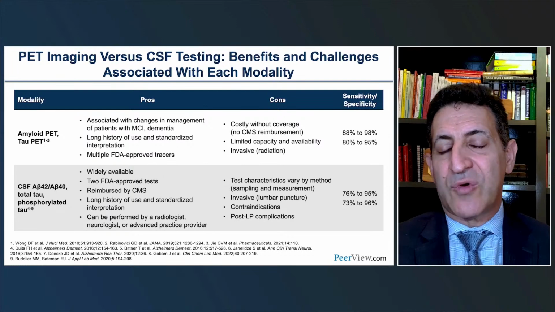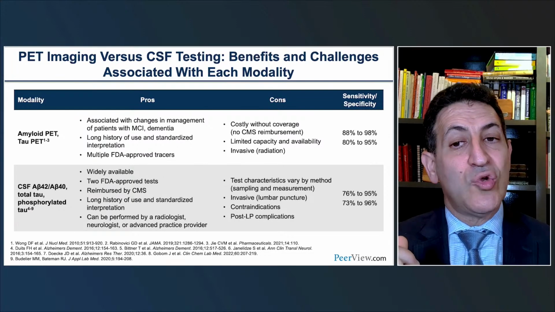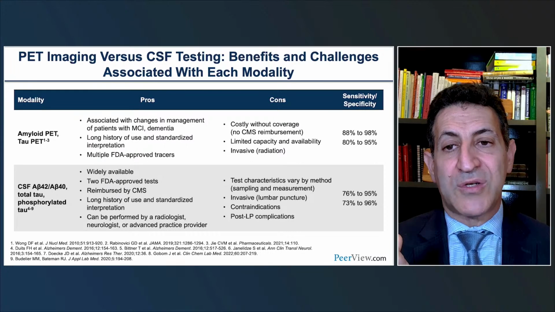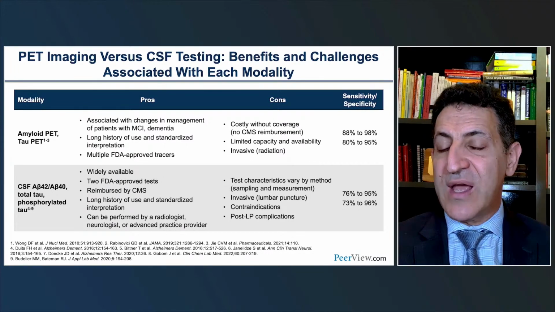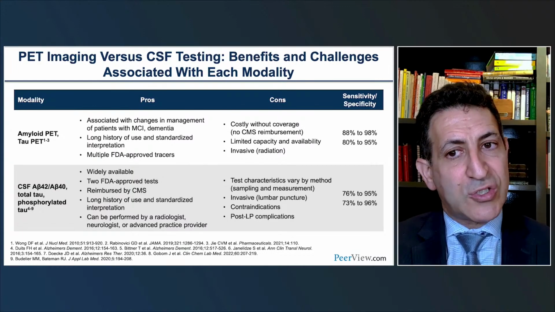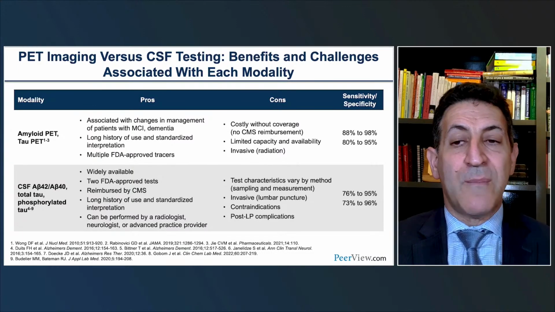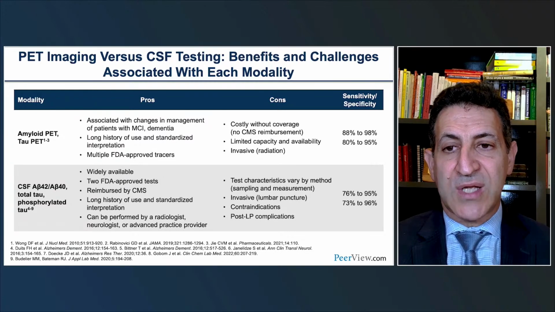The limitation, of course, is that it's not reimbursed. And you have to have the benefit of being in a large center like Dr. Mielke and I are, and so we have these at our fingertips. A lot of places don't. Even the local PET center may not have access to these contrast agents, but they have good sensitivity and specificity.